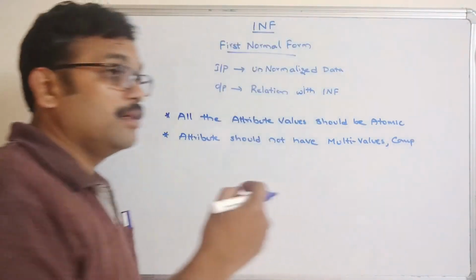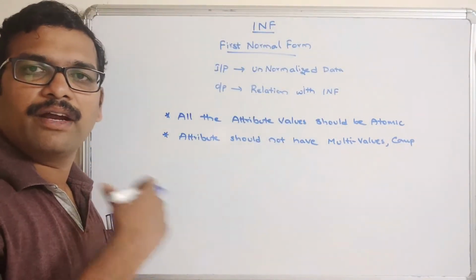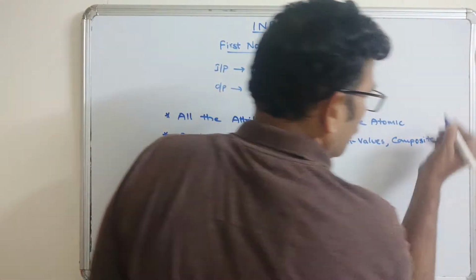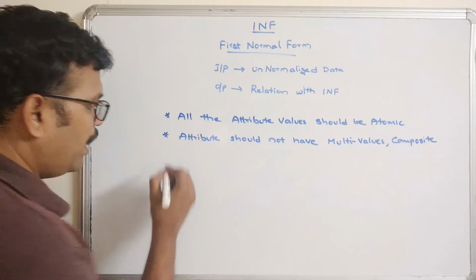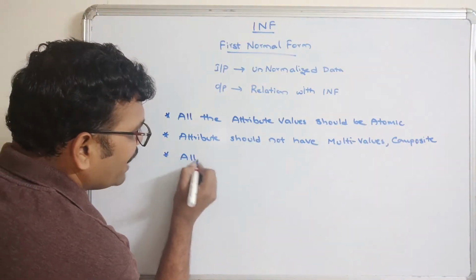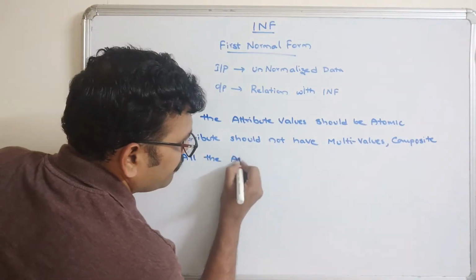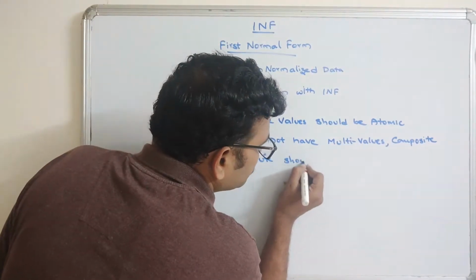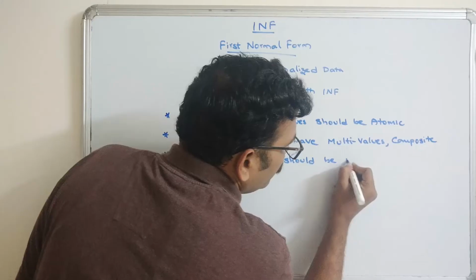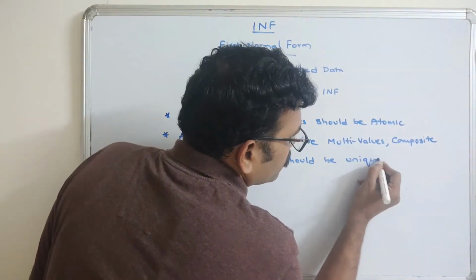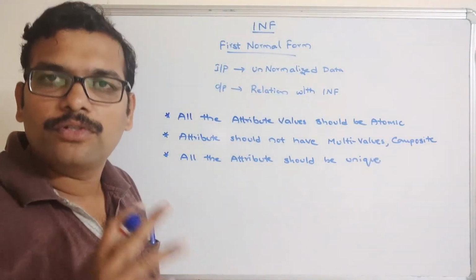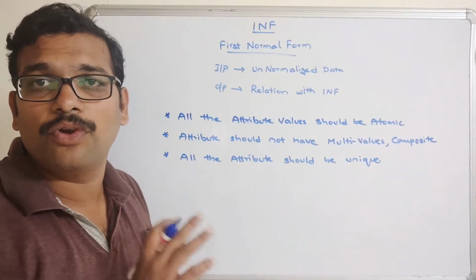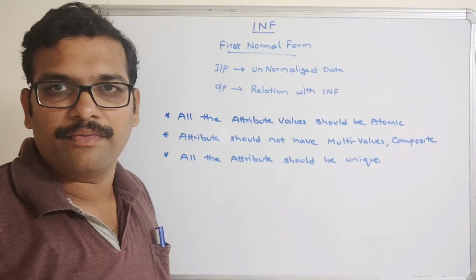That means the attribute can't be divided further, right? And all the attributes should be unique. So no two attributes should have the same name. That type of redundancy should not be accepted in 1NF, right?